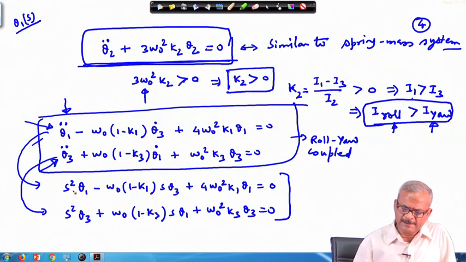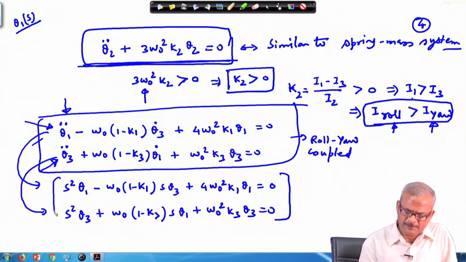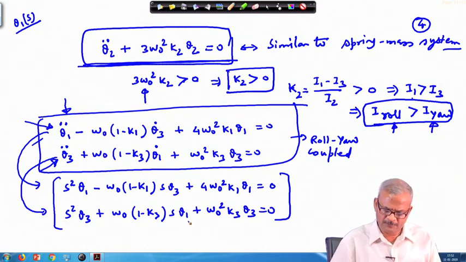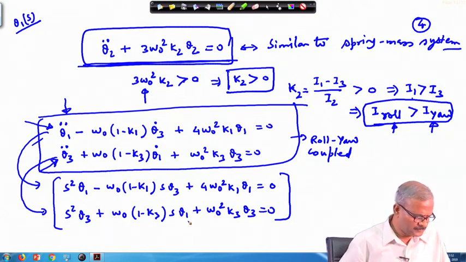But instead of doing that, we have Laplace transformed. And you can see that theta 1 and theta 3 are all appearing, so in the combined equation we can write this in matrix notation. One more step is needed, to combine the terms.